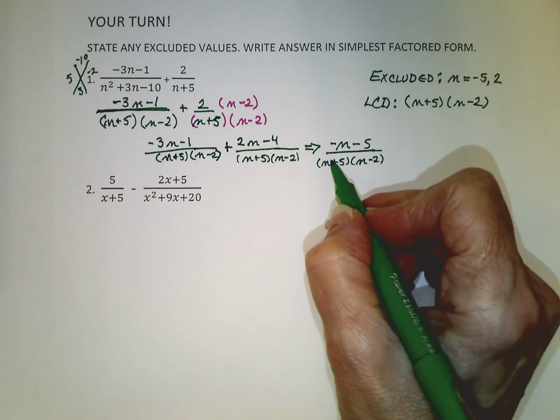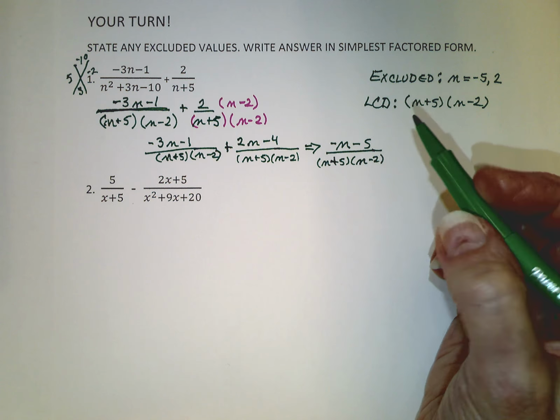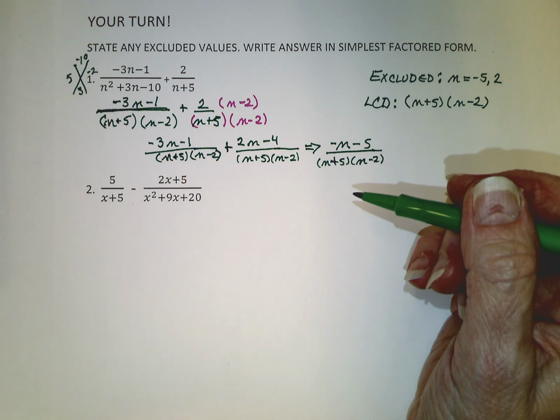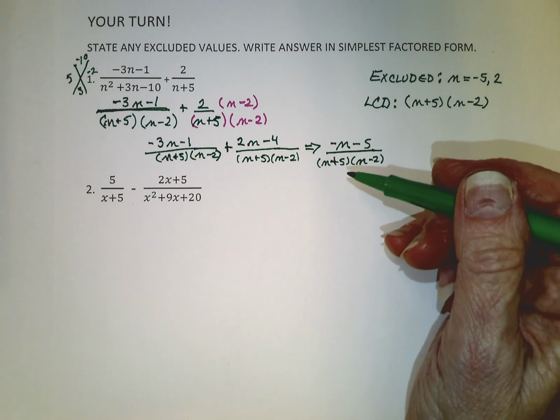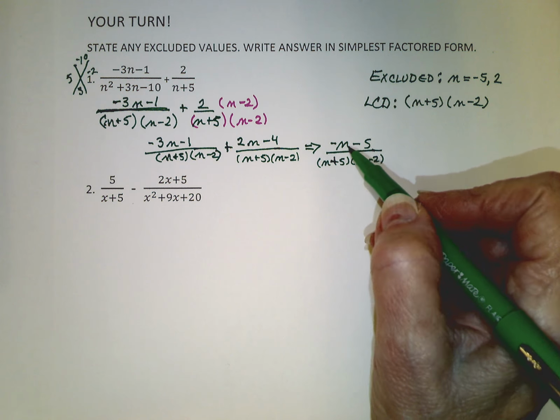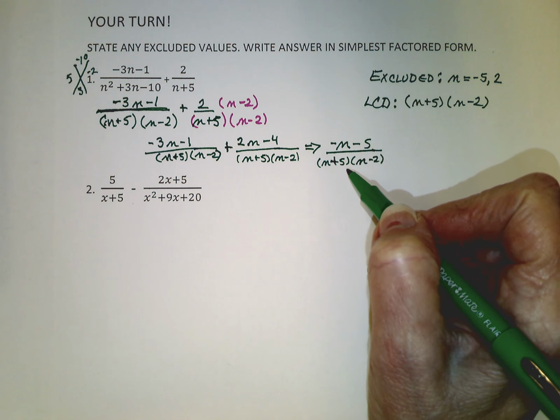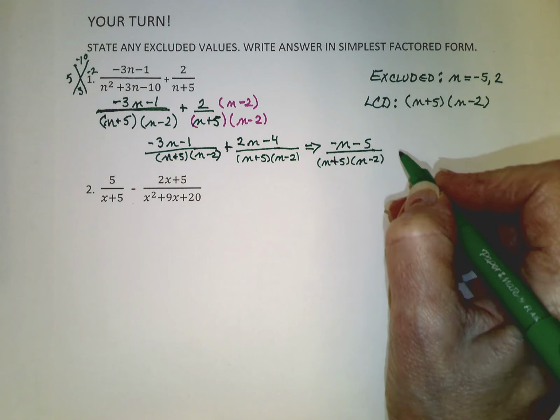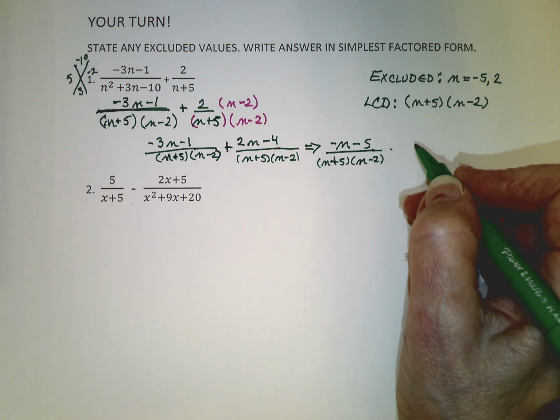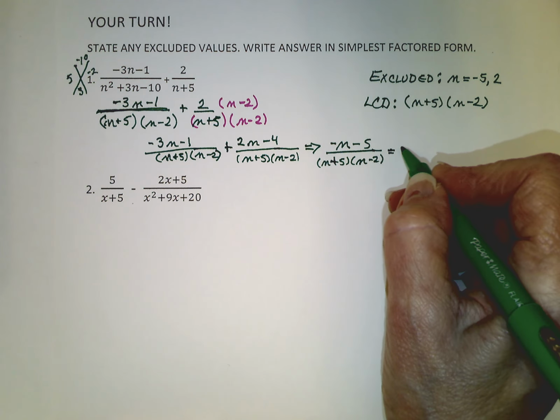But maybe, and we have this same case with regular old fractions, maybe we could reduce it. Maybe there's a common factor between the numerator and the denominator. And I'm thinking this negative n minus 5 looks suspiciously like this positive n plus 5. If we could just factor out a negative 1 in the numerator.